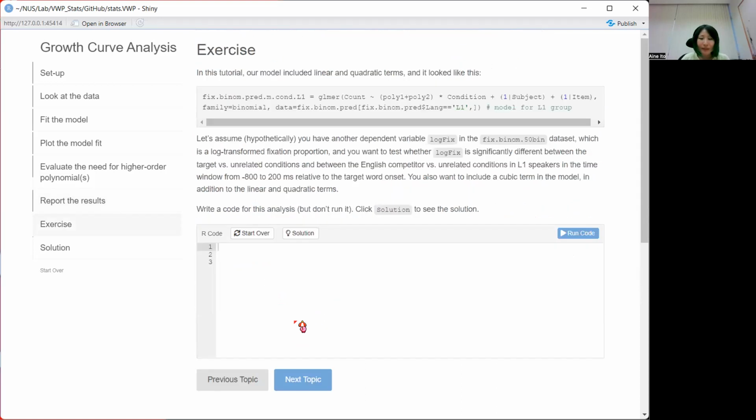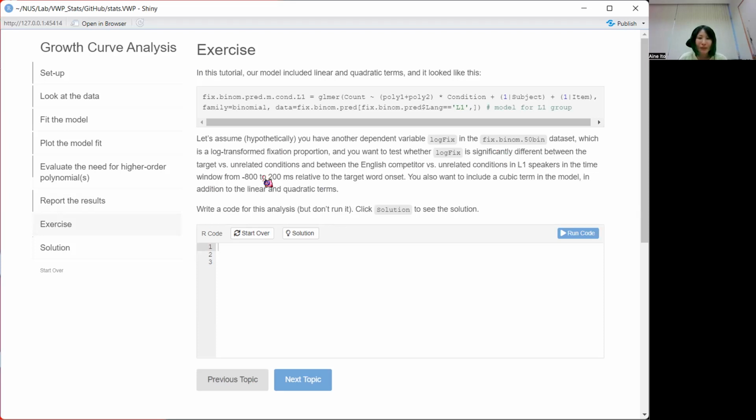Okay, then let's go to a quick exercise. In this tutorial, this is the model that we used, which included the linear and quadratic terms, and this is the one for A1 speakers. Let's assume hypothetically that we have another dependent variable called log fix in this dataset, and we don't actually have that, but let's assume that's what you have.